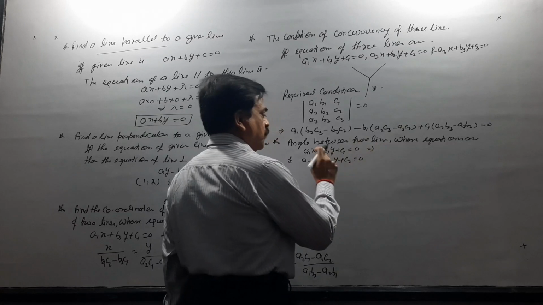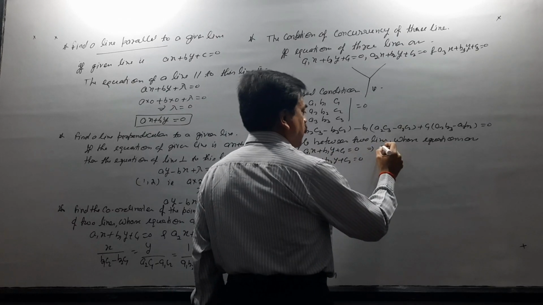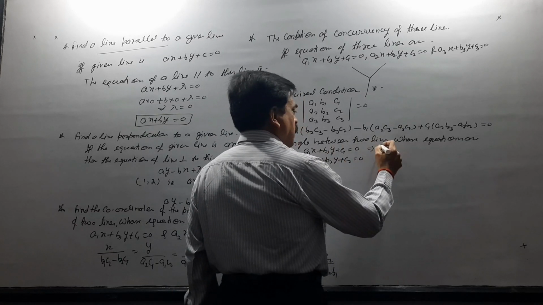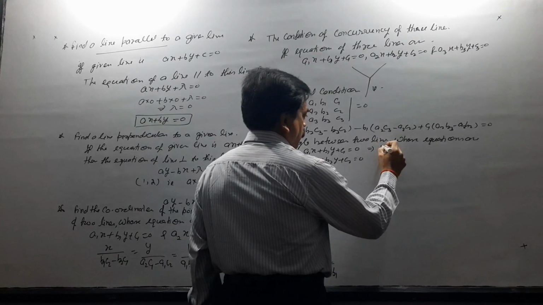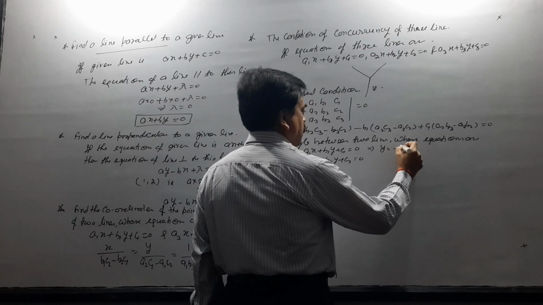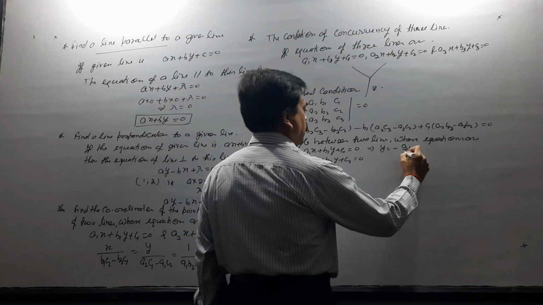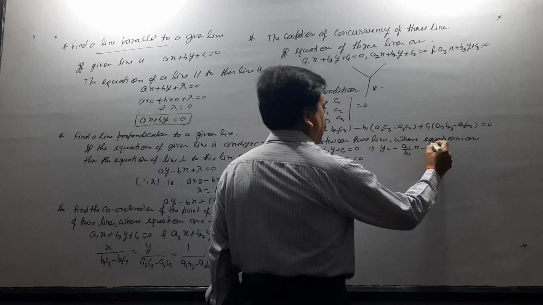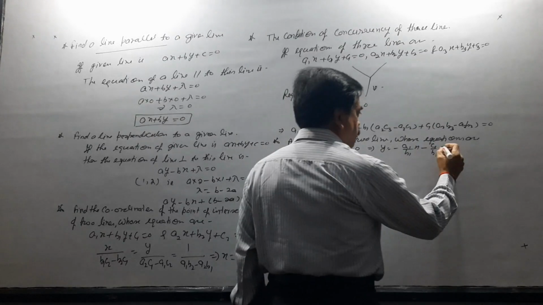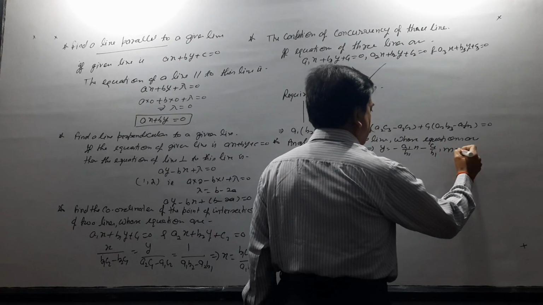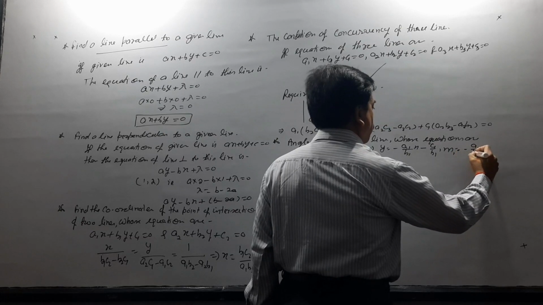Find the slope of first line by converting this line into y is equal to mx plus c. y is equal to minus a1 upon b1 x minus c1 upon b1. So slope of this line m1 is equal to minus a1 upon b1.